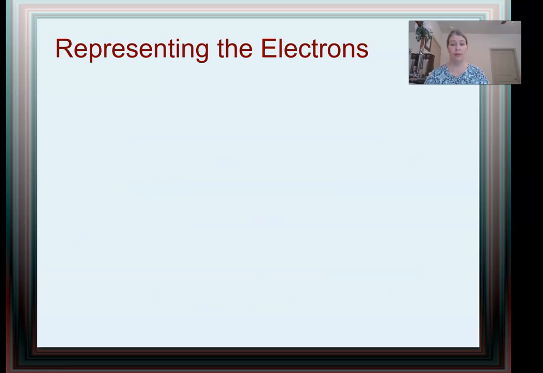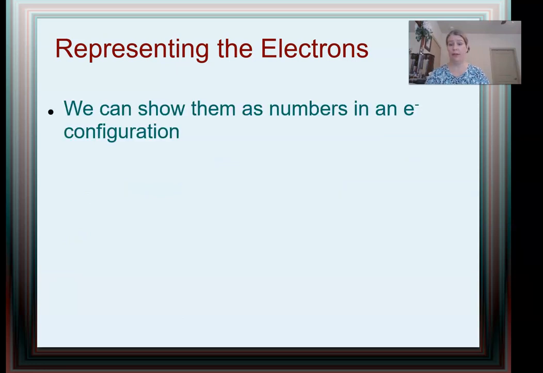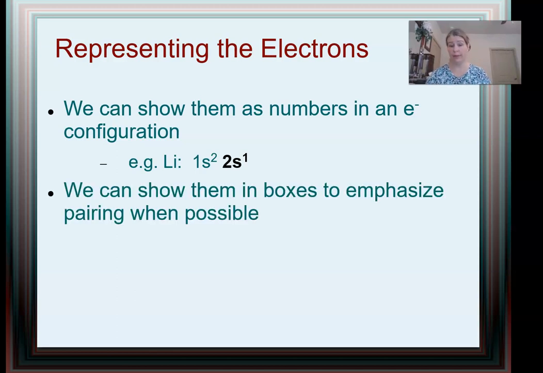So Lewis dot diagrams are another way of representing the electrons, and we've done this a couple of different ways before. We can show them as numbers in the electron configuration. Say for lithium, 1s2, 2s1. We've now located all 3 electrons for lithium. We can show them in boxes.